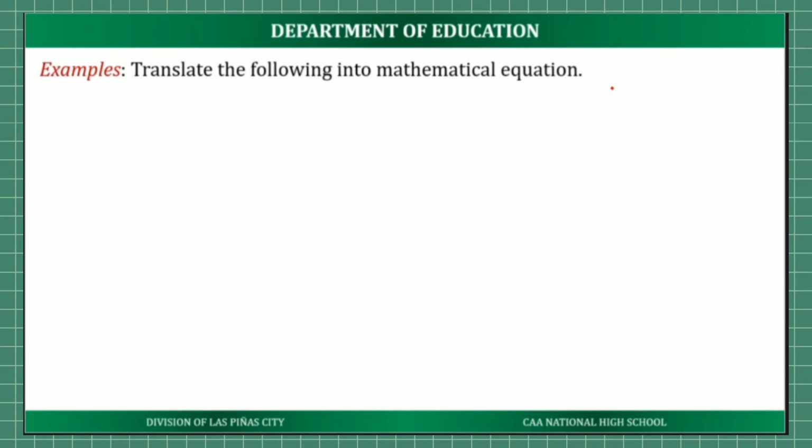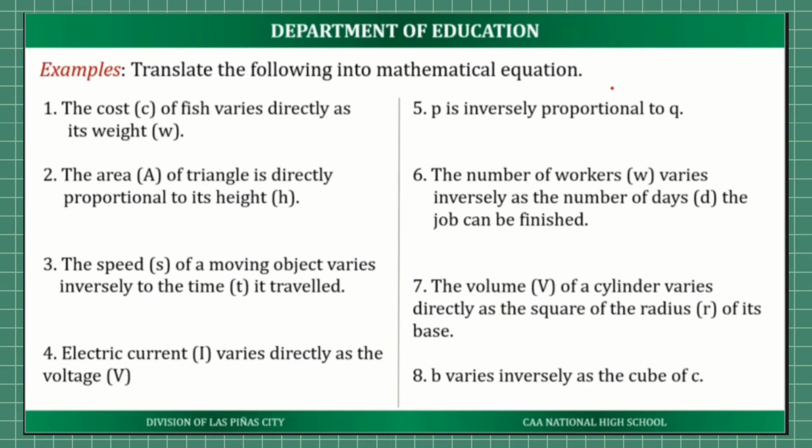Okay, let's have this one. Translate the following into mathematical equation. So, identify natin kung anong type ng variation, and then yung translation. First, the cost, so letter C of the fish, varies directly as its weight, W. So, this is a direct variation, and then the translation for this statement is, ano ba yung unang variable?